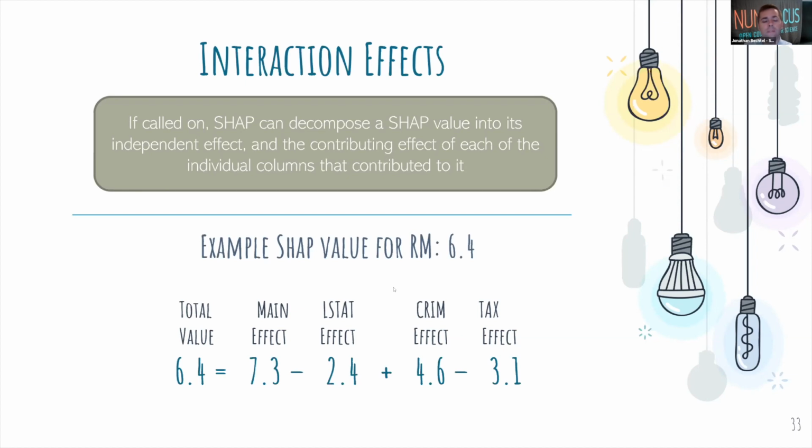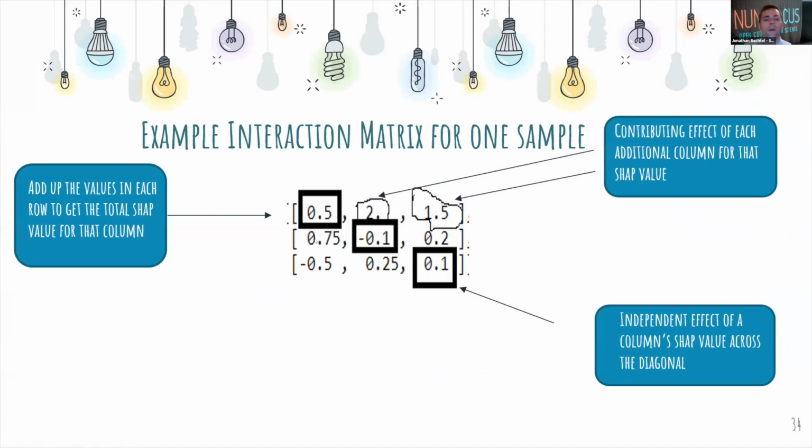And so effectively, when you have an interaction value, if you look at the matrix, which in our case is 506 by 13 by 13, this is a simplified example. If you had a 3-column data set and you're calculating the SHAP interaction values for them, the interaction values for a single sample would look like this. It'd be a 3 by 3 matrix.